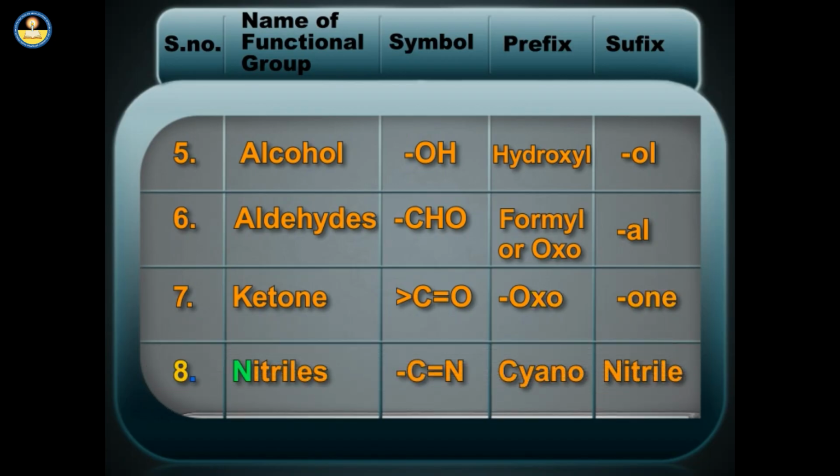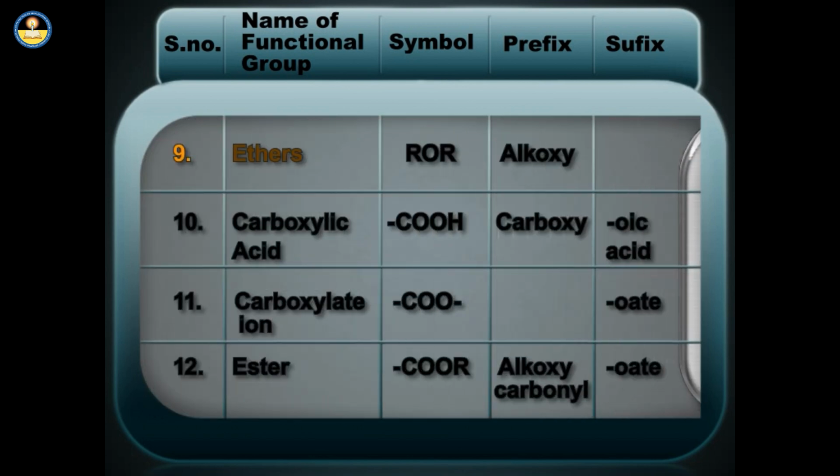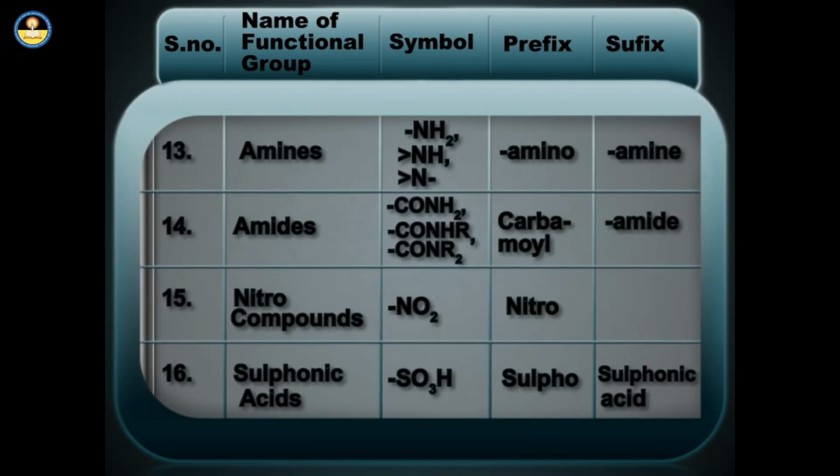For the functional group nitriles, the symbol is shown in the table. Its relevant prefix is cyano and relevant suffix is nitrile. Similarly, we can see other functional groups, the symbol of that group, and the prefix and suffix for a particular group in the shown table.